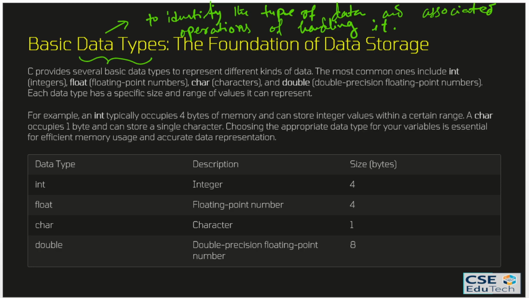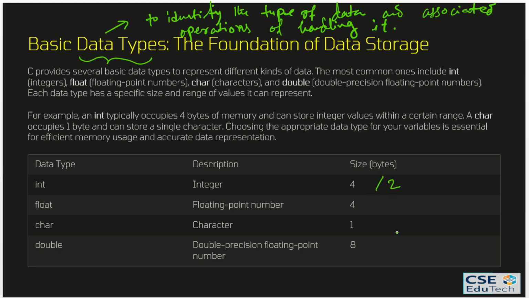Now, why is the data type basically required? Every data type has a memory allocation. Every data type has a memory size associated with it. Integer generally varies machine to machine, and is generally 2 bytes.